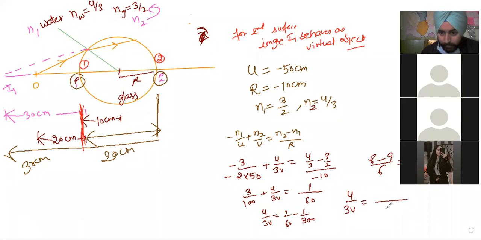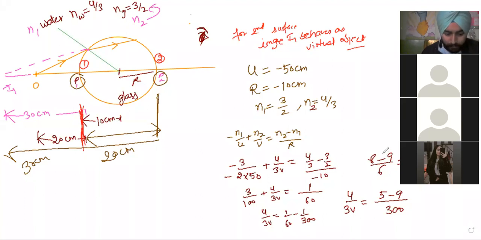We will take LCM, 300. So divide 300 by 60, how much is this? That comes to be 5. It is divided by 300, so it comes to be 9.